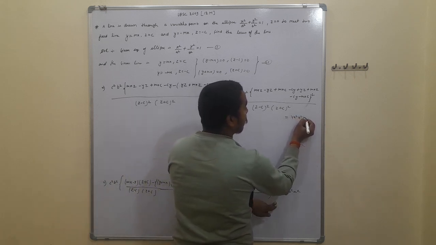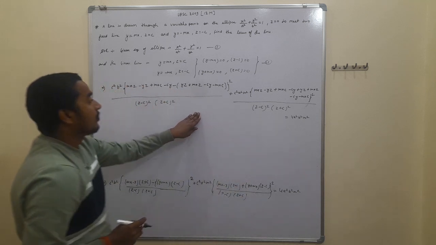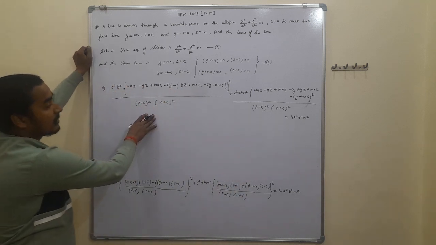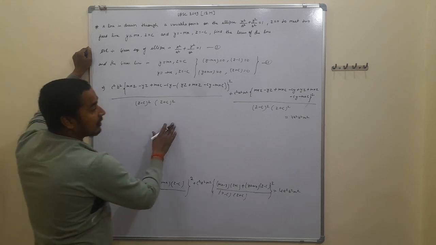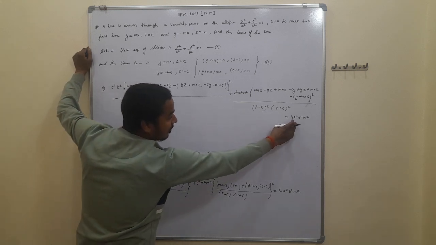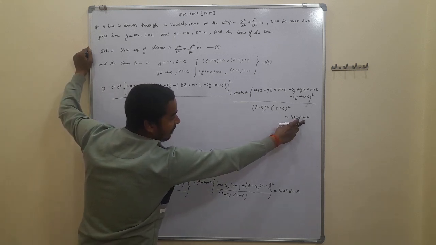b square into m square. Here the denominator is the same, so we have to add the numerators and multiply the denominators with this, equal to 4a square into b square into m square.